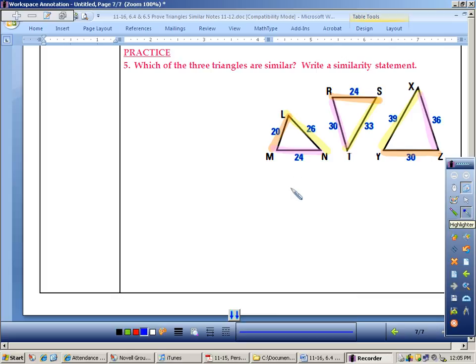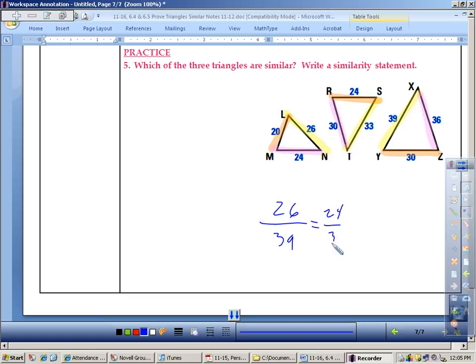So let's compare the first and the third. We'll just start with the largest side this time. 26 is to 39, as 24 is to 36, as 20 is to 30.